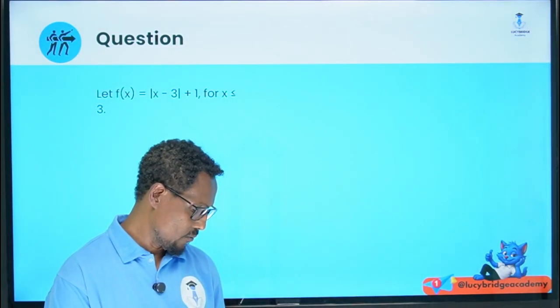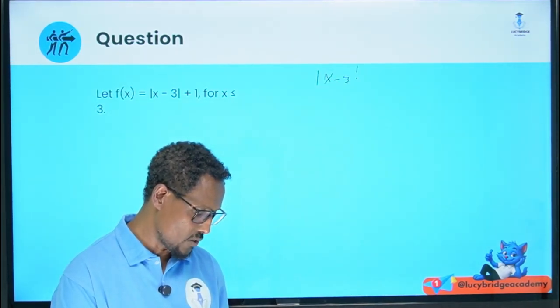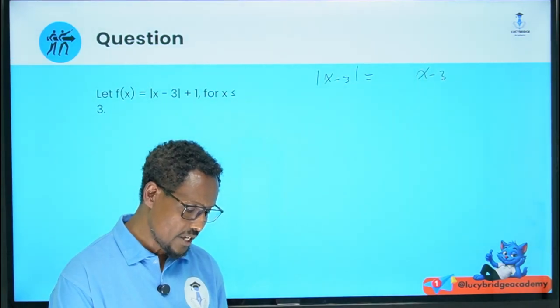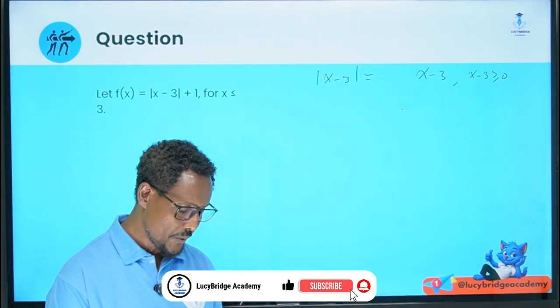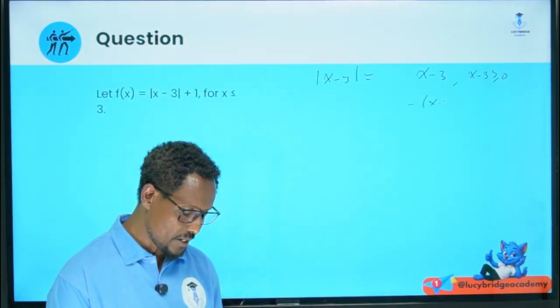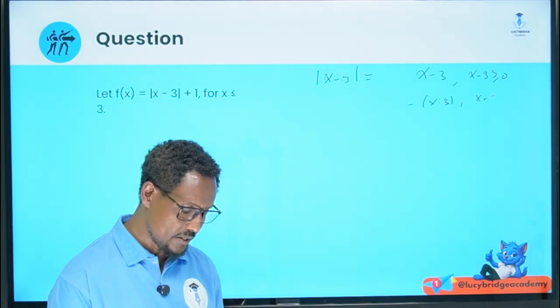Look, for example, the absolute value of x minus 3 is equal to x minus 3 if x is greater than or equal to 3, that is, x minus 3 is greater than or equal to 0, and the negative of x minus 3 if x minus 3 is less than 0.